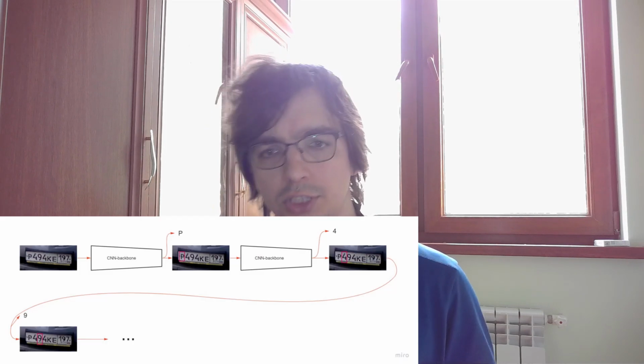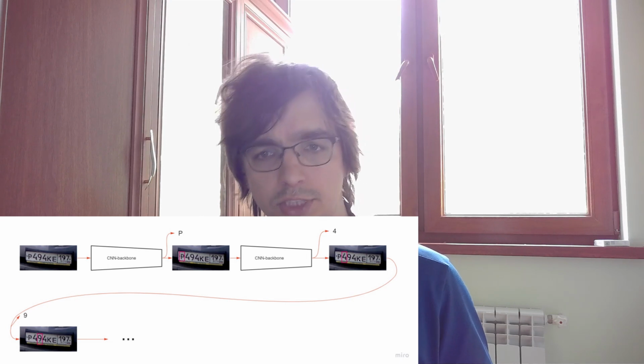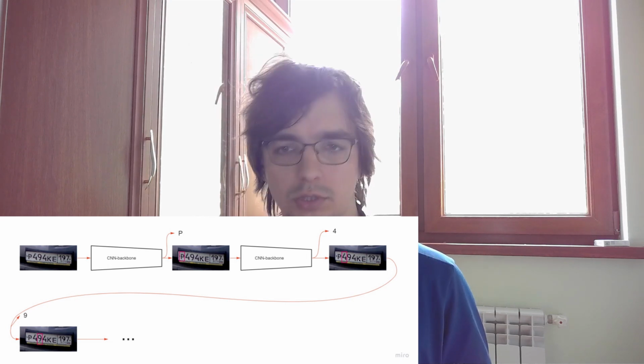But okay. Second approach. The second approach is neural networks that are iterative, and this approach is usually end-to-end. The neural network predicts the position of the first symbol, then it predicts the position of the second symbol, and so on.